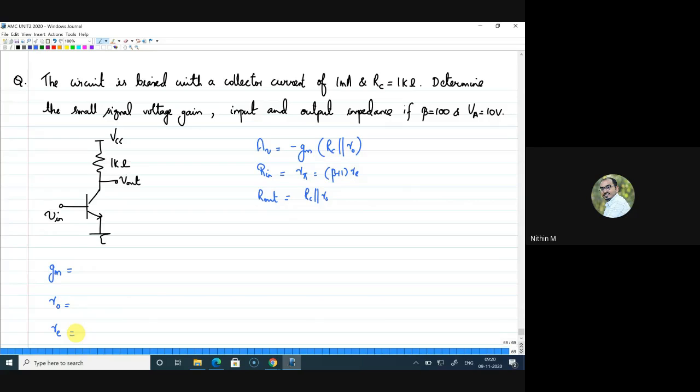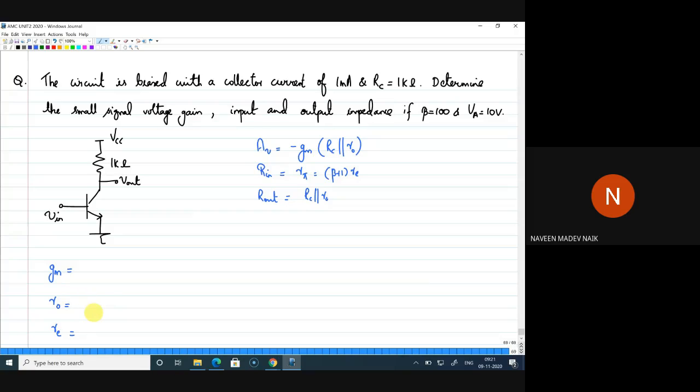Naveen? Yes, sir. Naveen, can you tell me how to evaluate gm? gm I don't know, sir. R naught is 10 by RC? Yes, R0 is a resistance, right? Yes, sir. So if I write this as 10 by RC, IC dash, IC.